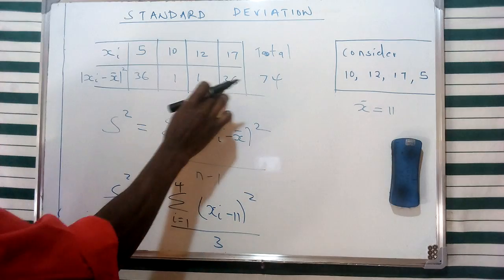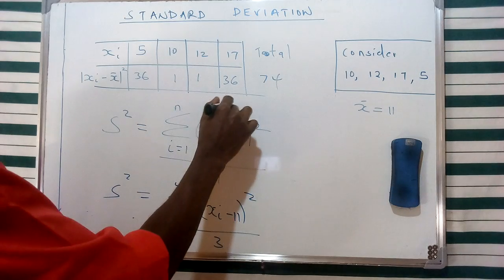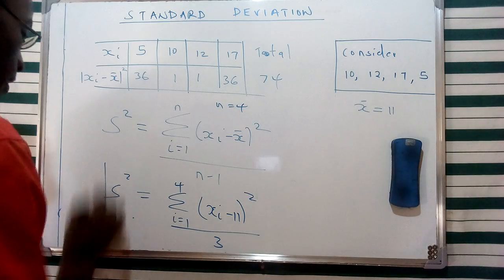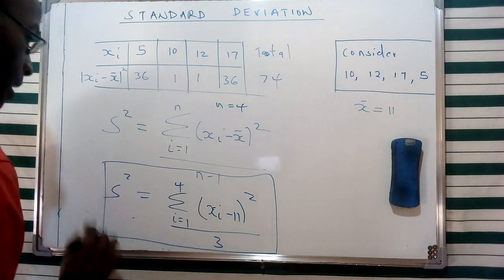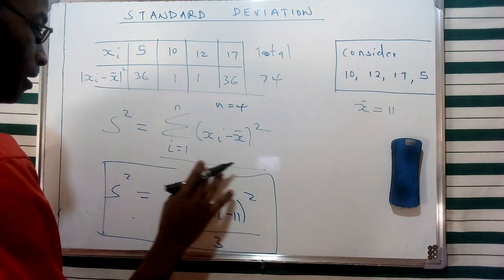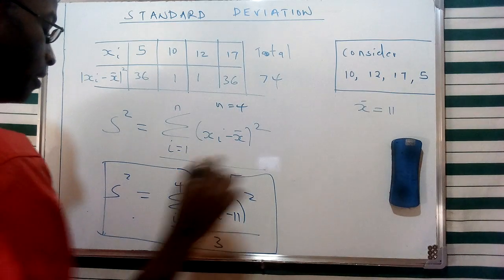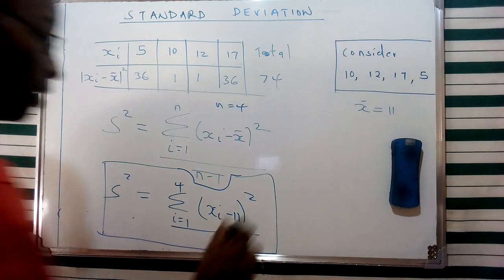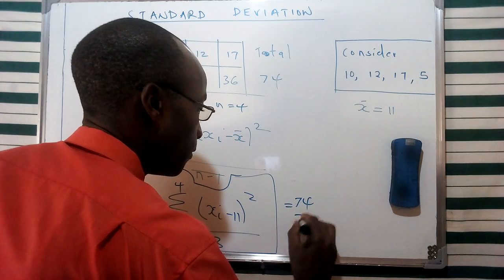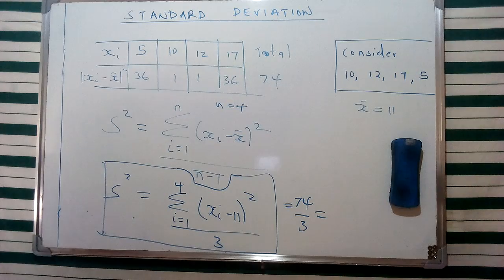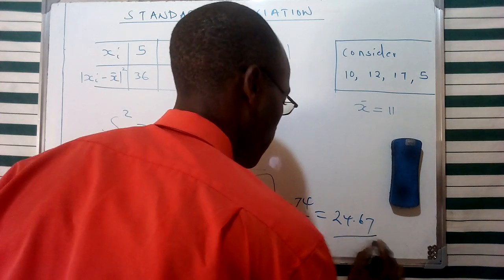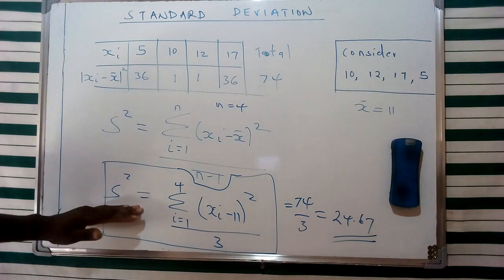Here n is equivalent to 4, so 4 minus 1 is equivalent to 3. And we obtain this value as 74 divided by 3, which is equivalent to 24.67, giving us our sample variance.